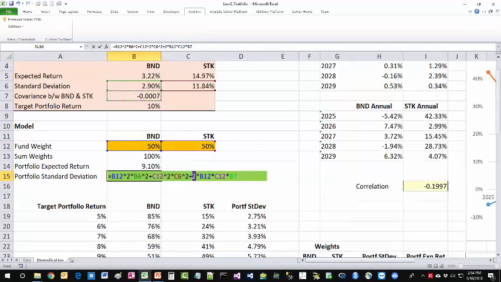The number 2 here comes from the fact that the covariance between the two is symmetrical. The covariance is between bond and stock, and stock and bond, so that doesn't really matter that much. The weights are how much emphasis is put on each one of these investments, and then you have the covariance from B7, that tiny number. But no matter how tiny the number is, you can see that adding this term is actually going to decrease the overall risk of the portfolio.